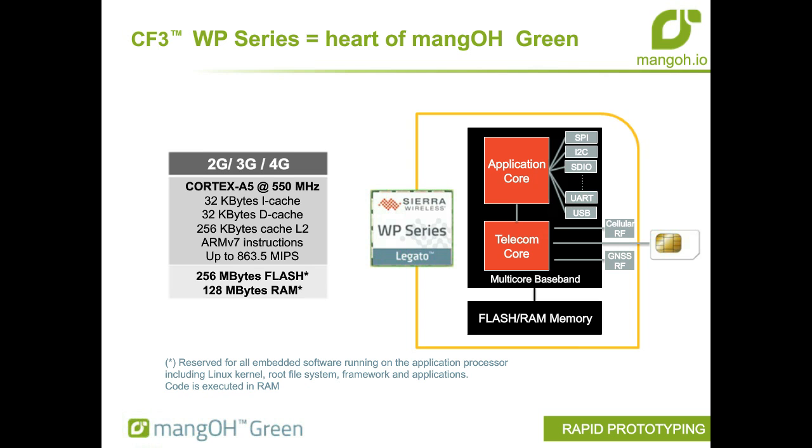These interfaces allow developers to connect to other wireless, wired, and sensor technologies. The present Gen WP application core has a Cortex-A5 at 550 MHz. It also has a 2 gigabit NAND and a 1 gigabit RAM reserved for application development.